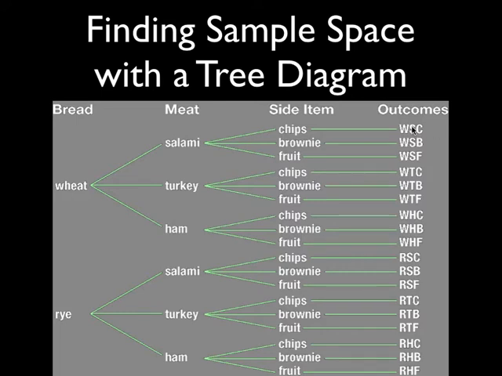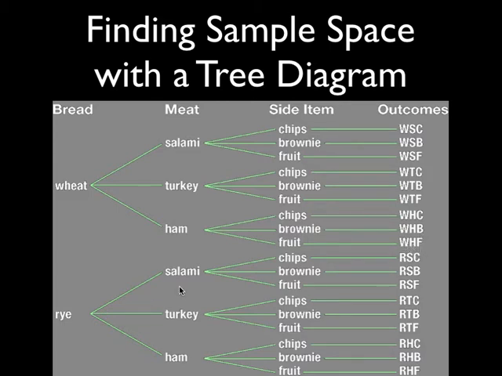So your outcomes will be wheat bread, salami, and chips; wheat bread, salami, and brownie; or wheat bread, salami, and fruit. The same thing with turkey: wheat bread, turkey, and chips; wheat bread, turkey, and brownie; wheat bread, turkey, and fruit. The same with ham: wheat bread, ham, and chips; wheat bread, ham, and brownie; wheat bread, ham, and fruit.